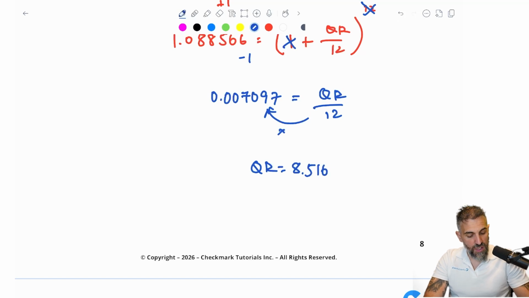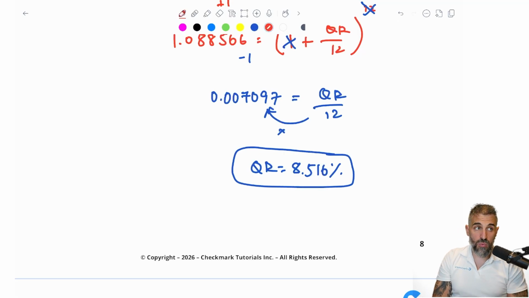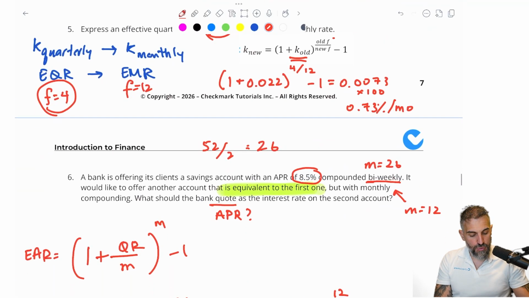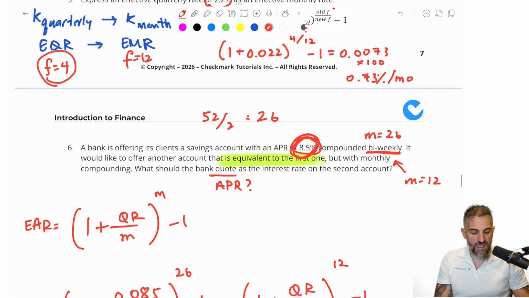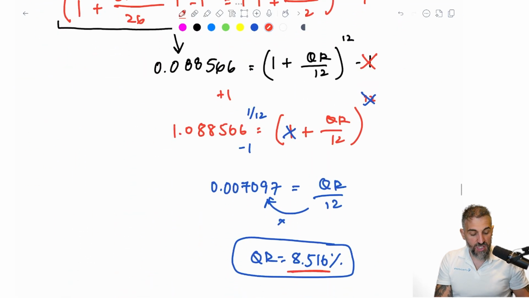So in order to reach an equivalent rate, the second account has to quote a slightly higher rate because it doesn't compound its interest as often. So in other words, 8.5% compounded biweekly is the same as 8.516% compounded monthly, right? They work out to the same thing.